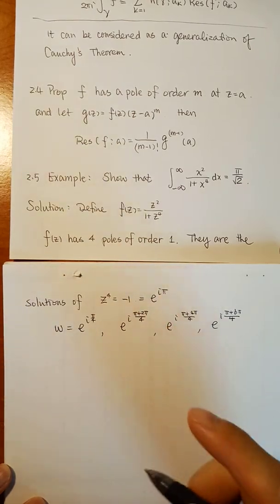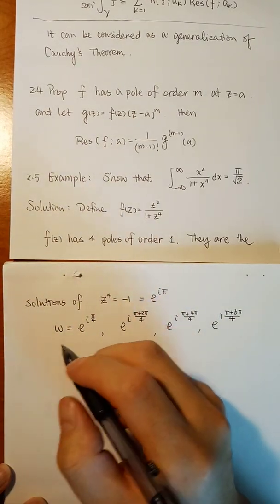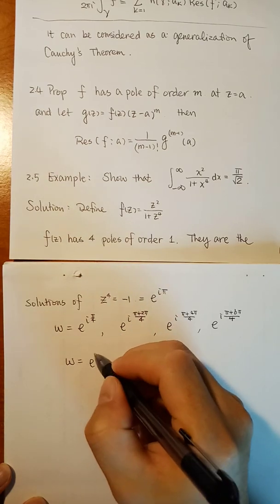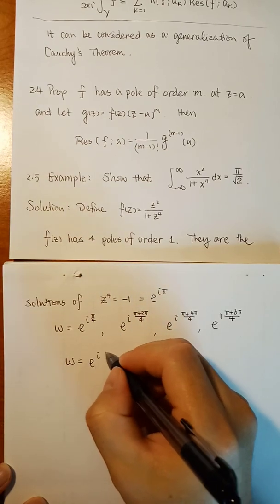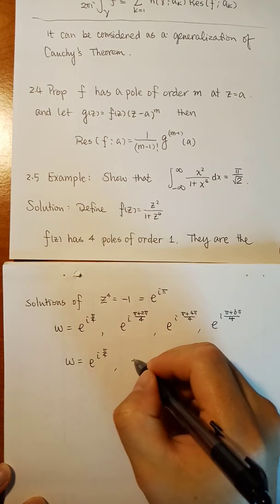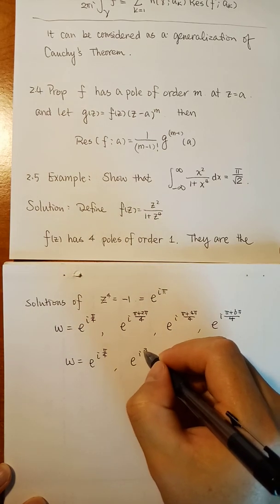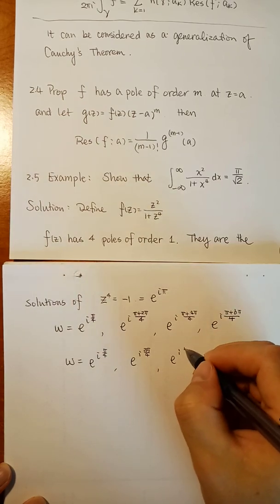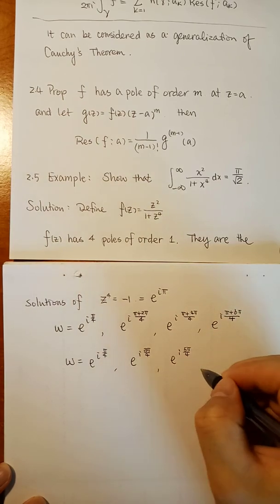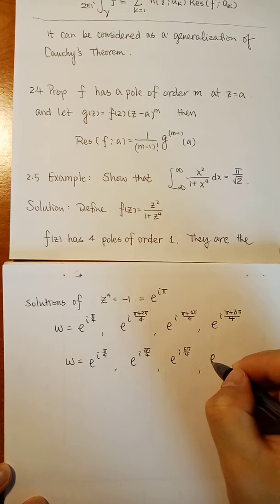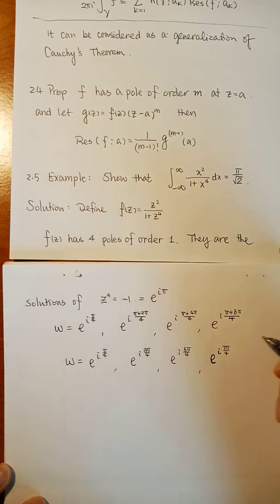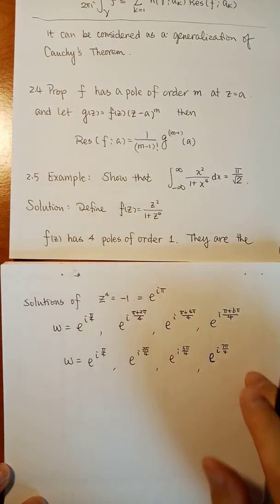So the 4 solutions are e to the i pi over 4, e to the i 3 pi over 4, e to the i 5 pi over 4, and e to the i 7 pi over 4. Okay, so we have 4 solutions.